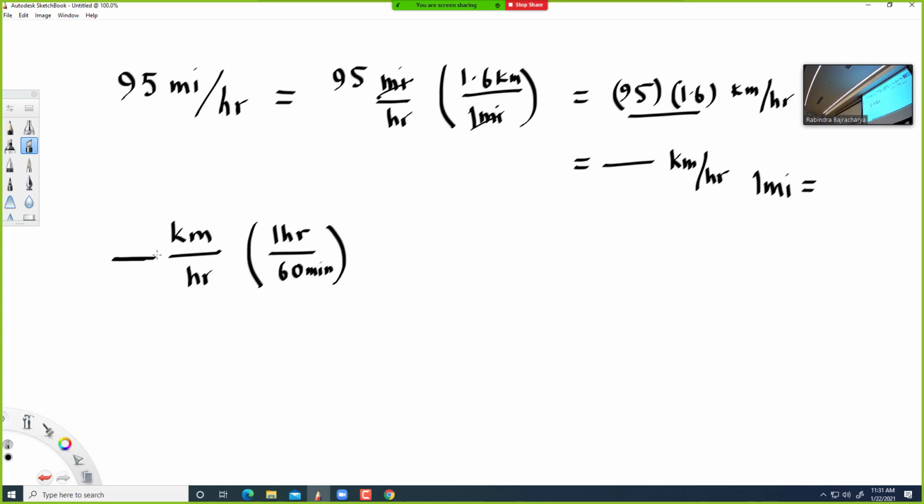To get rid of minute, you put minute on the top here, and then 1 minute is 60 seconds. Okay, so cancel hour and hour, minute and minute. Then you get some number, kilometer per second. Okay, so that's how you do the conversion.